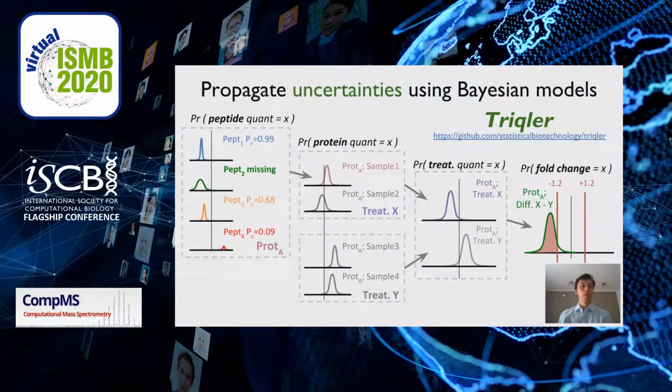So what we can do now is to propagate these uncertainties all the way from feature level up to protein level. And in the end, we end up with a distribution over the fold change, which we can then use to assign significance or significant differential abundance or not.